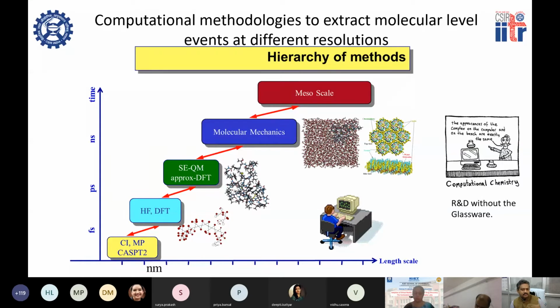This gives a much more accurate level of information on properties and chemical reactivities, like bond forming, bond breaking, and how they interact with each other. But the disadvantage is that it is limited to a small number of atoms and smaller systems. To overcome this, molecular dynamics simulation or molecular mechanics was developed, based on Newton's laws of motion.